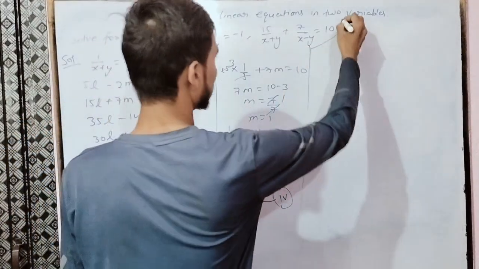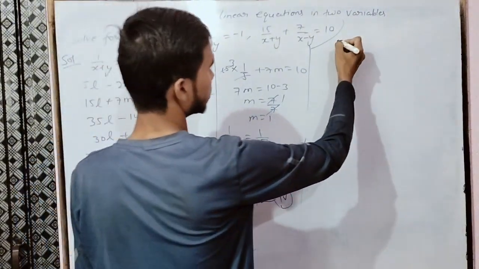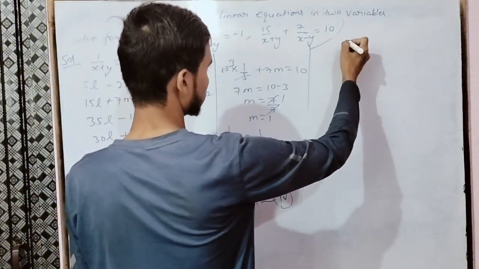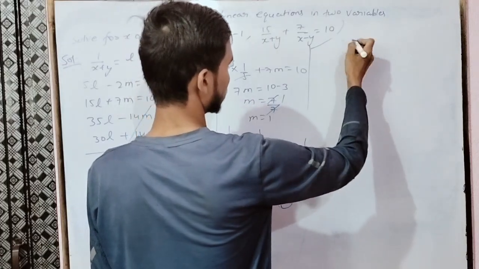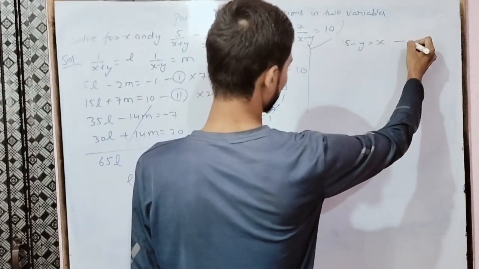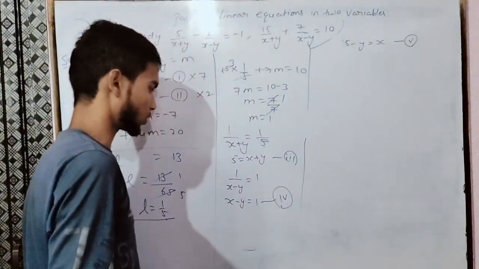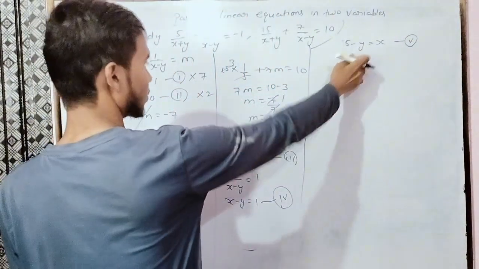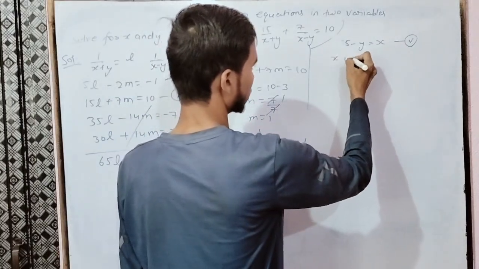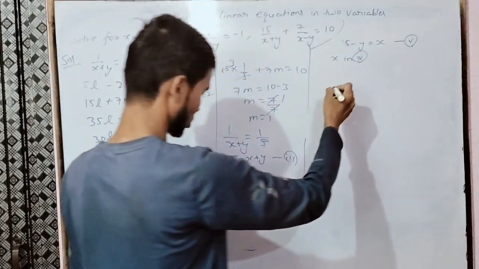Now again we will solve it. How to solve it further? As we know, x plus y is 5, so x is 5 minus y. This is, let's say, the fifth equation. We will substitute this value of x in the fourth equation.